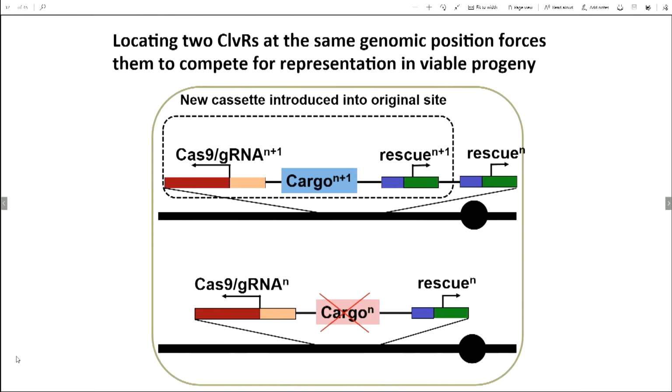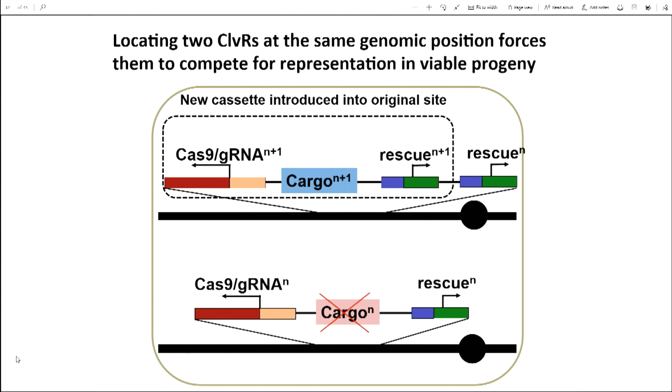So the idea is going to be that we can take advantage of the fact that these cleaver elements are chromosomally localized. And what that means is that if we have an element N here, we can, at the same position in the genome, introduce a new element that has new Cas9 and guide RNAs targeting a different essential gene and a new rescue targeting that different essential gene.